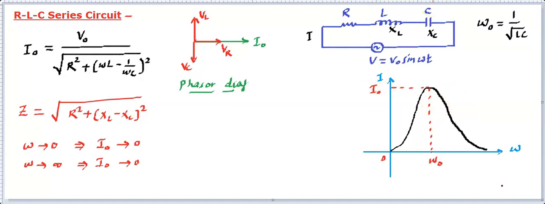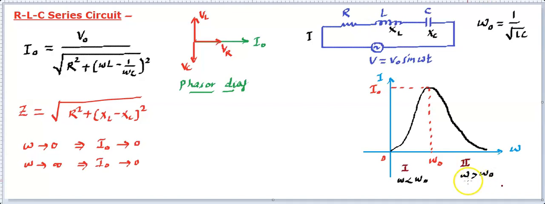Now, after that we can divide this into two segments. One part is this, another part is this. In the first part, you will find omega is less than omega naught. And the second part is the case in which omega is greater than omega naught.